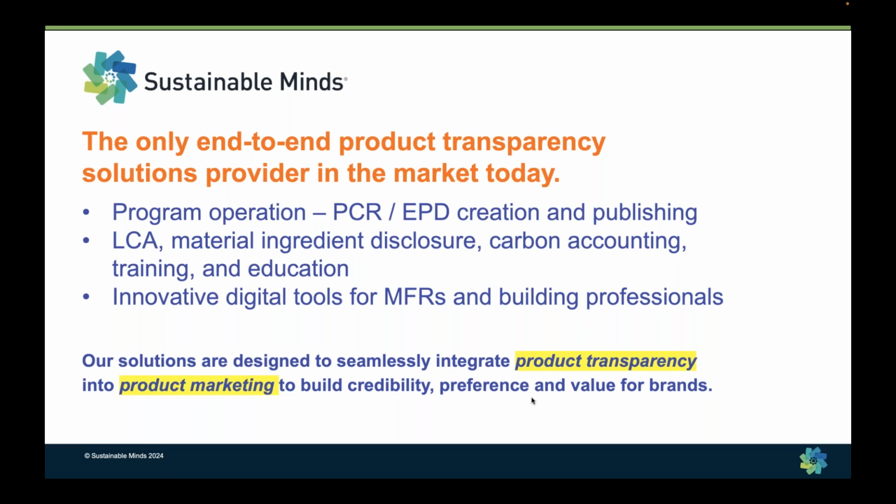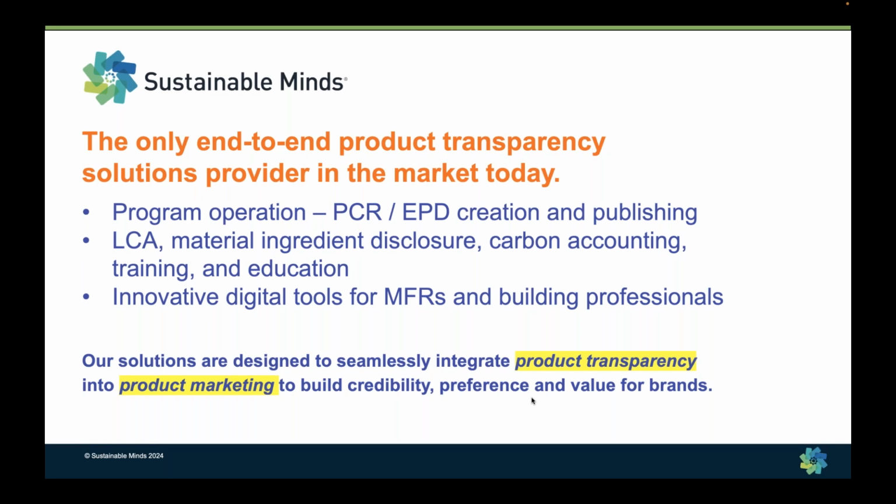And we have innovative digital tools for manufacturers and building professionals, because this is all about driving change in the market to create all buildings to be high performance buildings.